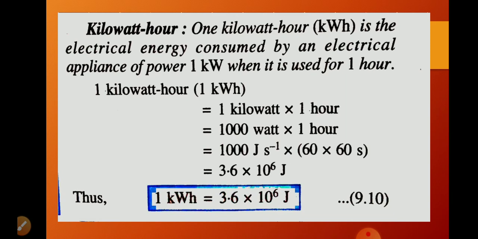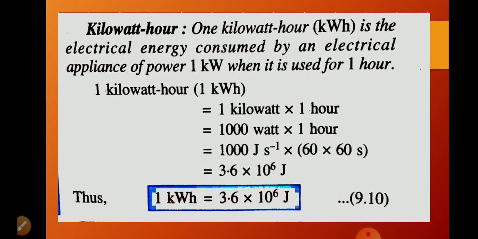In industries, where larger units like kilowatt are used, the energy is measured in kilowatt hour. So we pay the bill to the electric company according to this unit. The electrical energy consumed by appliances is measured in these larger units, watt hour and kilowatt hour. Now let us solve some problems based on this.